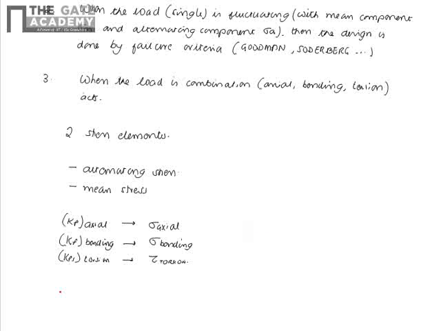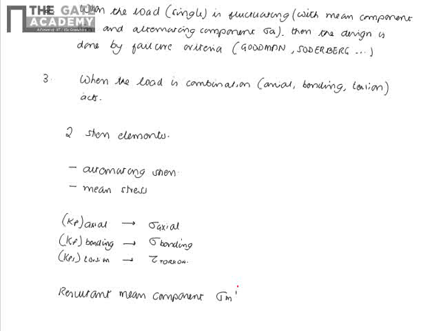Now when we have a mean component for axial load, bending load and torsion load, how to find the resultant mean component? The resultant mean component sigma m dash is found out using the von Mises criteria.